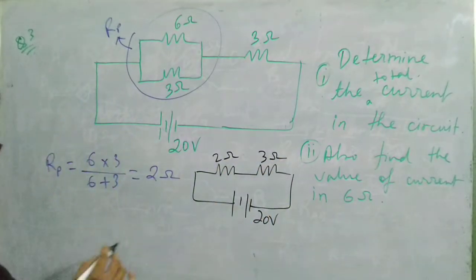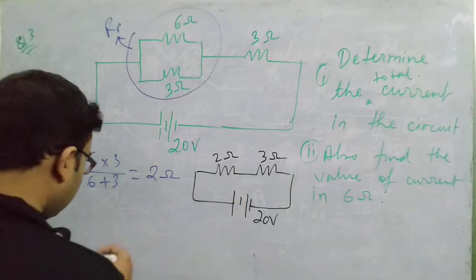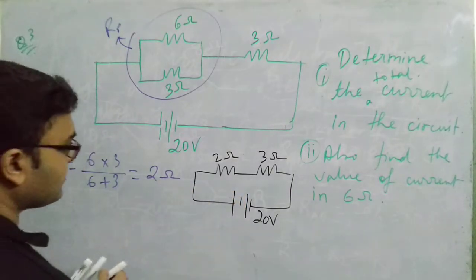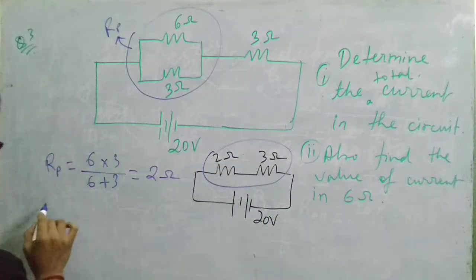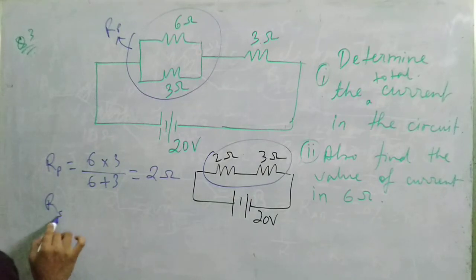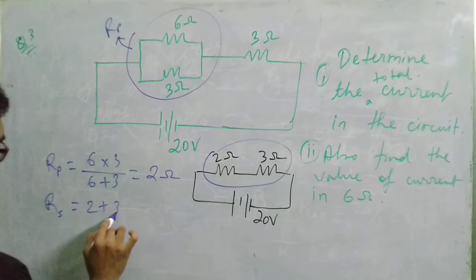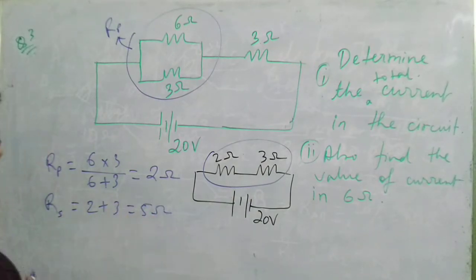Then what will be the equivalent resistance of these two? This is the total resistance, say Rs. So 2 plus 3 turns out to be 5 ohm, isn't it? Then what will be the total current in the circuit? We can solve it by applying Ohm's law.